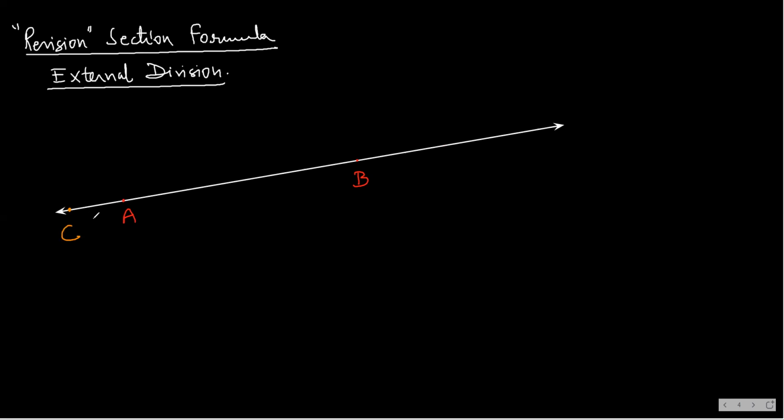Yes, that is also a case. Point C can also be here. But this will all be clear within a short while. But one thing is sure, that if it is external division, then point C is not in between AB. So here I take point C, and point C is outside AB.